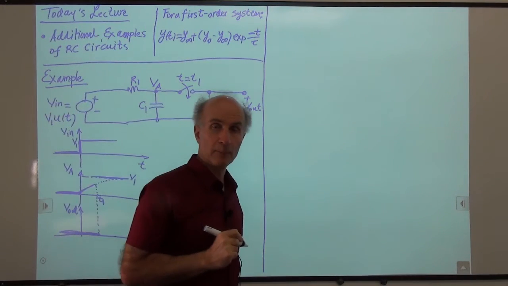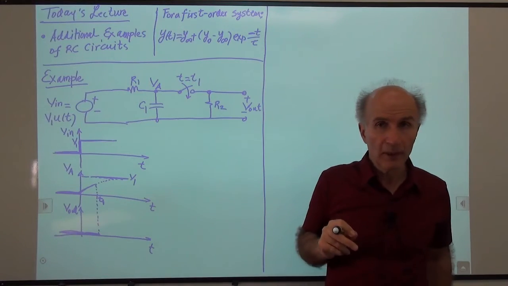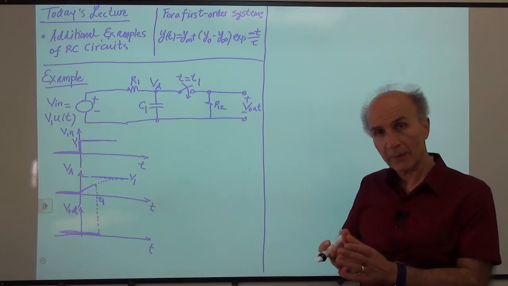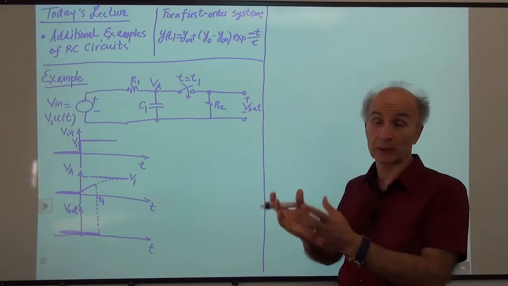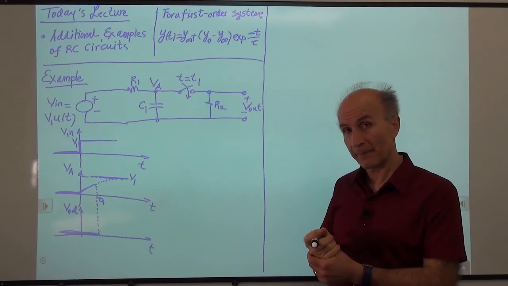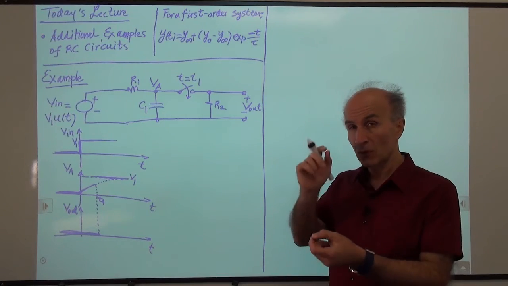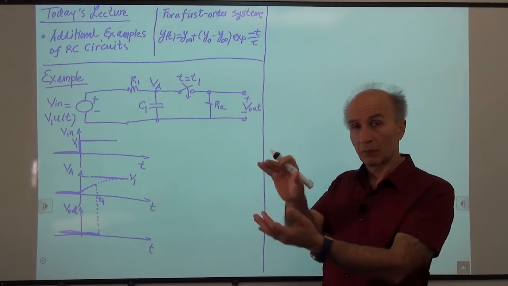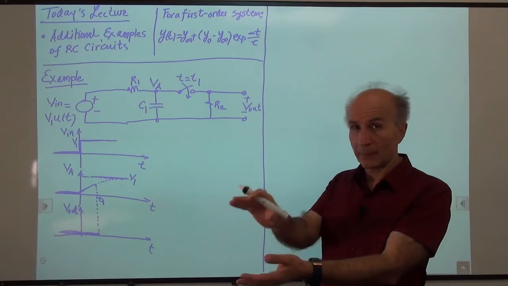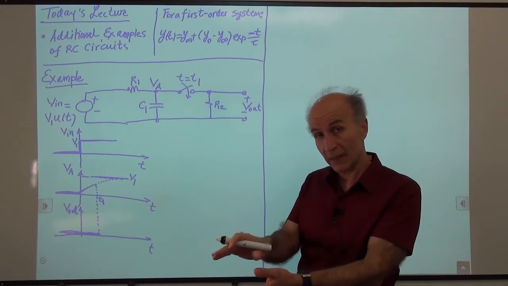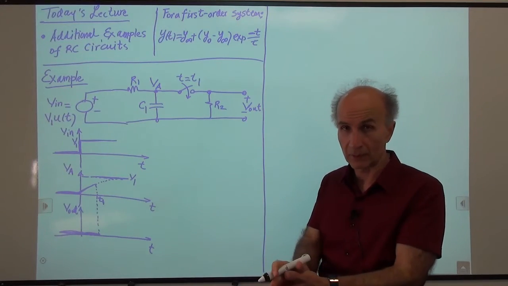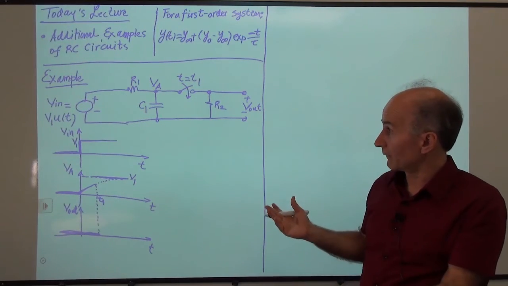All right? Now, at time t1, the switch turns on. It begins to conduct. What can we say about V out? And what can we say about VA? All right, so VA is the voltage across the capacitor. The voltage across the capacitor cannot jump instantaneously if we do not have infinite current available. And here we don't have infinite current available, right?